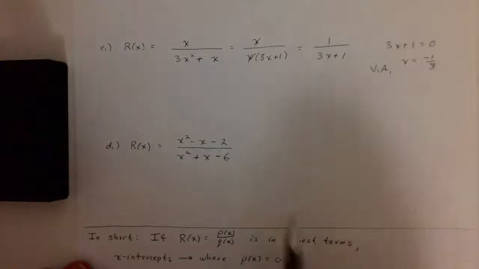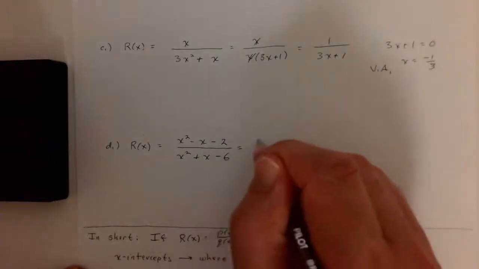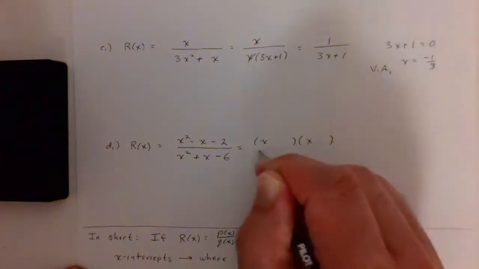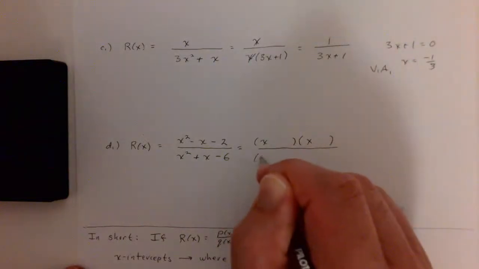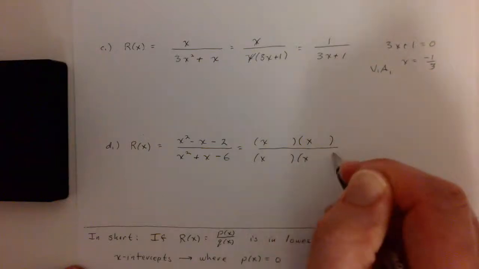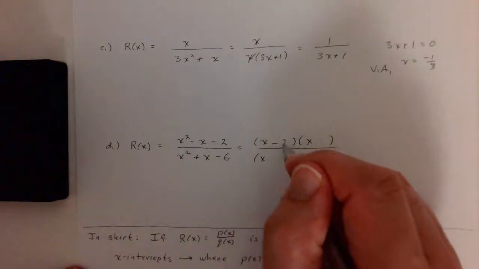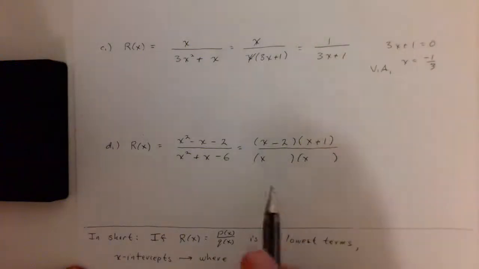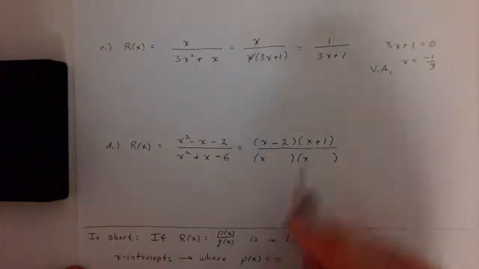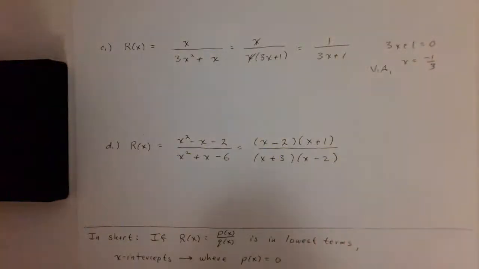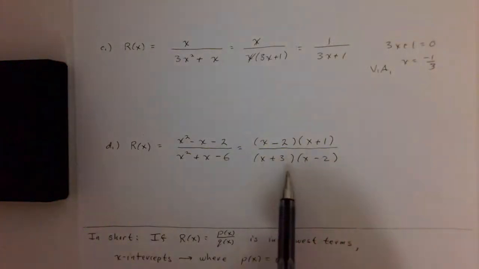And let's look at part D. Looks like we have to factor again. You can see the factors. Looks like x minus 2 times x plus 1 will be the factorization of the top, and x plus 3, x minus 2, that will be the factorization of the bottom.